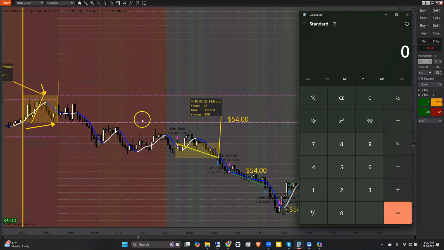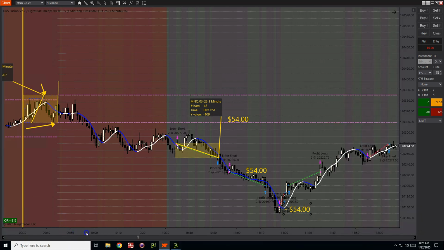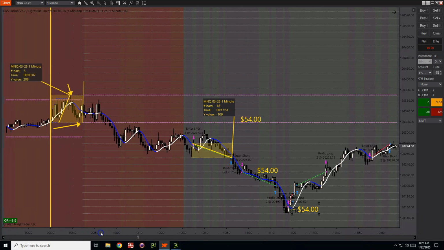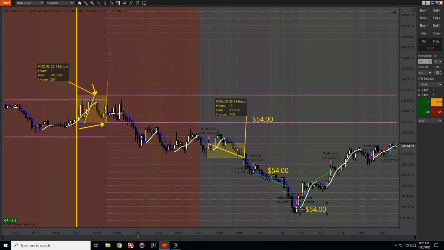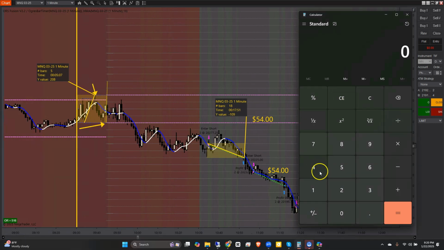So just again to recap, now we're going to go over a bigger day too. So we got a 208 tick opening range. And the fastest way to do this math is just divide by 4.